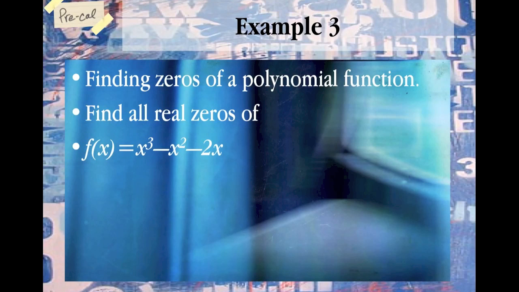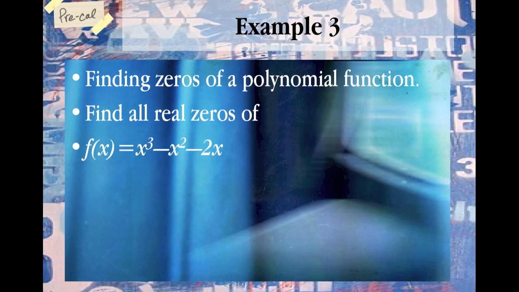So what that means is my factors are x, x minus 2, and x plus 1. My zeros, checking your vocabulary here, are x equals 0, x equals 2, and x equals negative 1. I got those by setting each of the factors equal to 0 and solving for x.